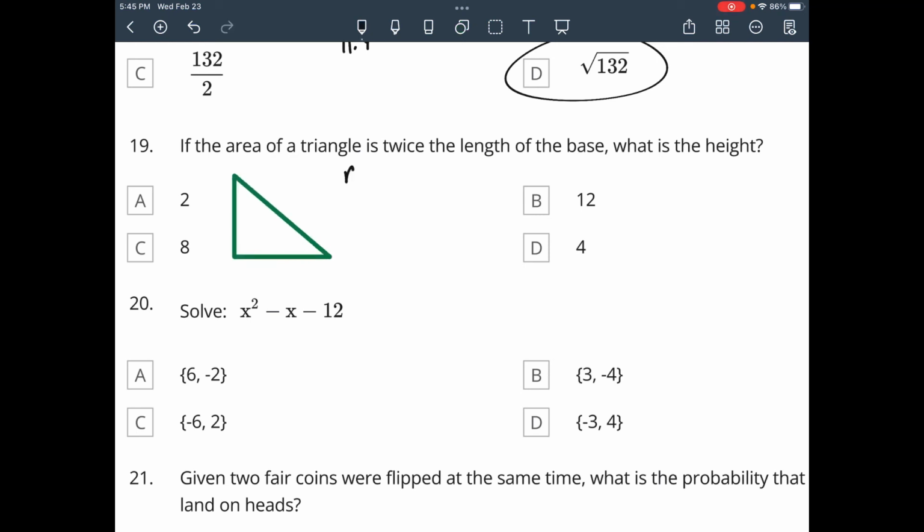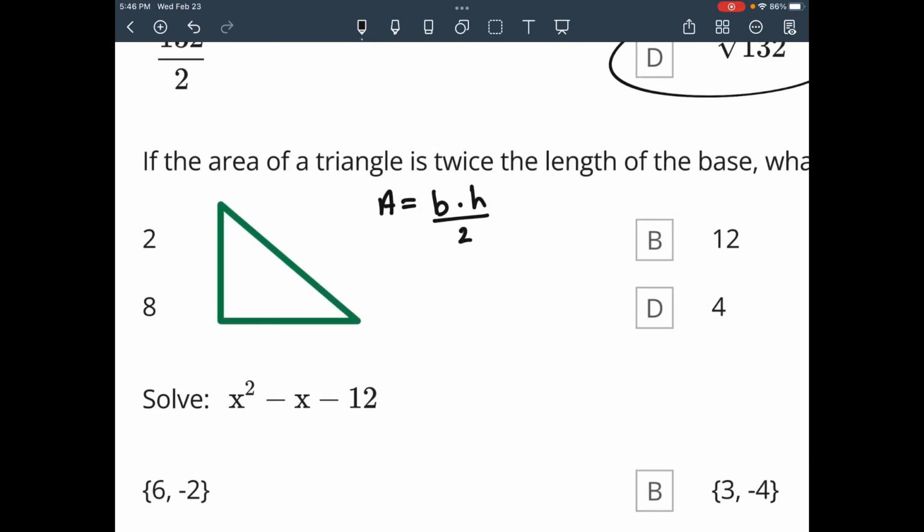The area of a triangle is base times height over 2. And it's telling you, if the area of a triangle is twice the length of the base, they're telling you what to plug in for A. This is a good question.